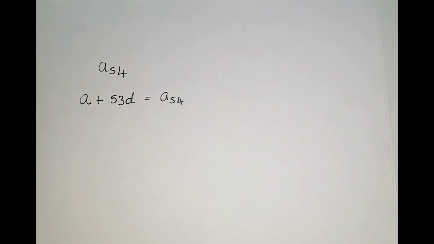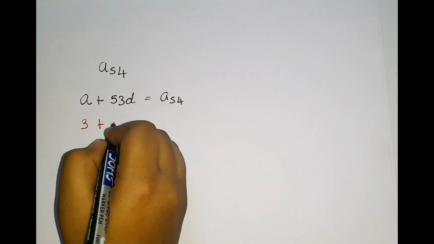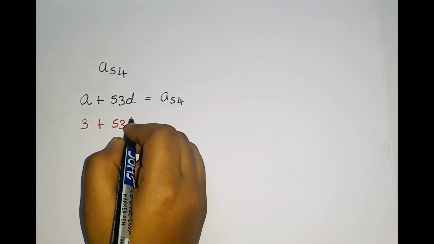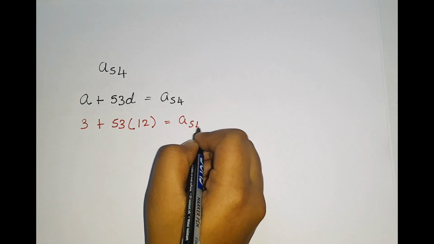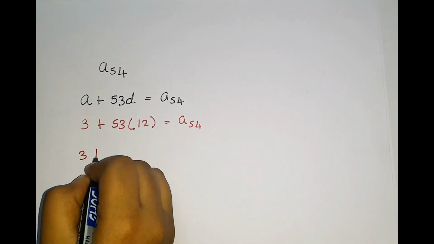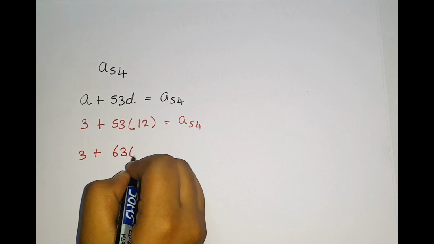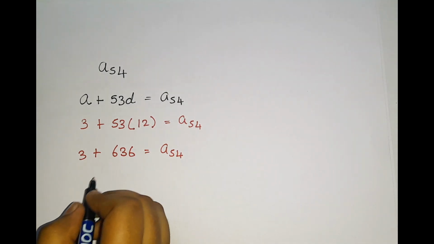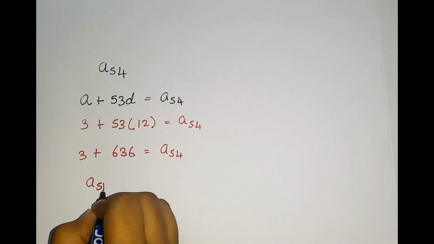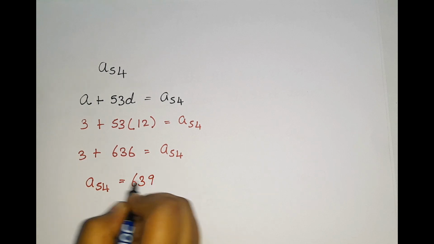Of course we know, so we can substitute it. The A value is 3 plus 53 into D. D is 12, is equal to A54. So 3 as it is, plus 53 into 12 is 636, is equal to A54. When we add them we get A54 is equal to 639.